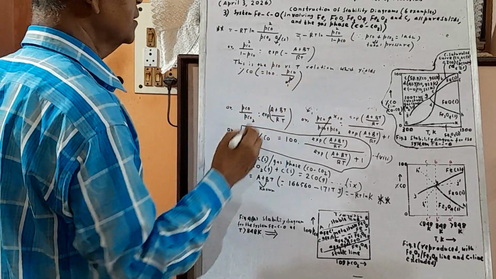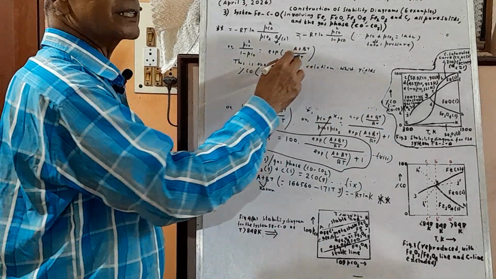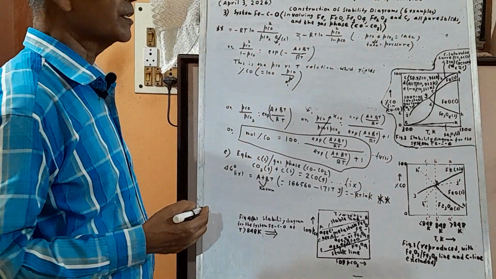So this is PCO versus T, so we can get percentage CO versus T also.